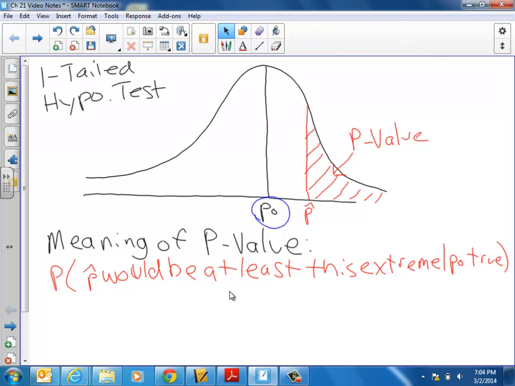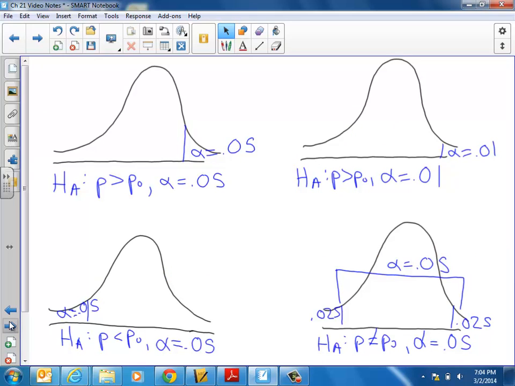Remember, we're using that circled p naught to represent how all the samples of a population are going to behave. So the p-value is not the probability that the circled p naught is true, it's the probability that a sample would behave as we saw it do, or more extreme, given that the null hypothesis proportion is true. So that's an important distinction to make here. All right, wanted to cover that for you guys real quick.